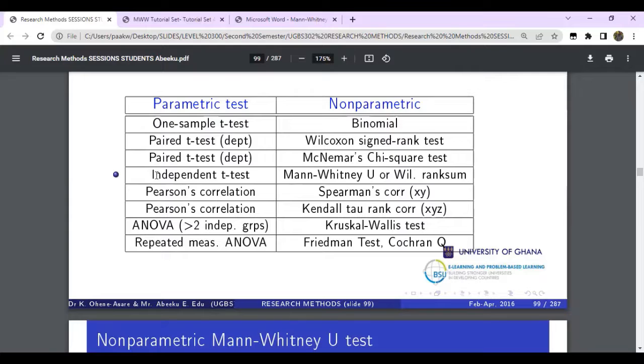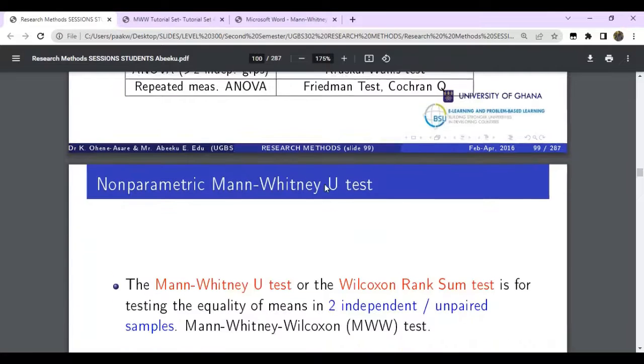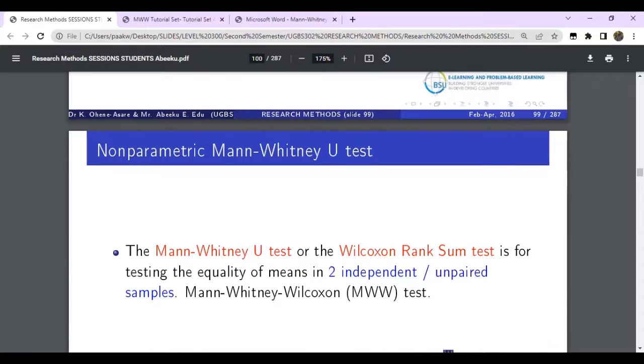Now we are about to treat the independent t-test. But we are not going to treat this parametric test, the independent t-test. Rather, we are going to treat its non-parametric test, the Mann-Whitney U or Wilcoxon rank-sum test. So you have to get all of these at your fingertips. All right, let's move on. Let me move to the right board to explain certain things.